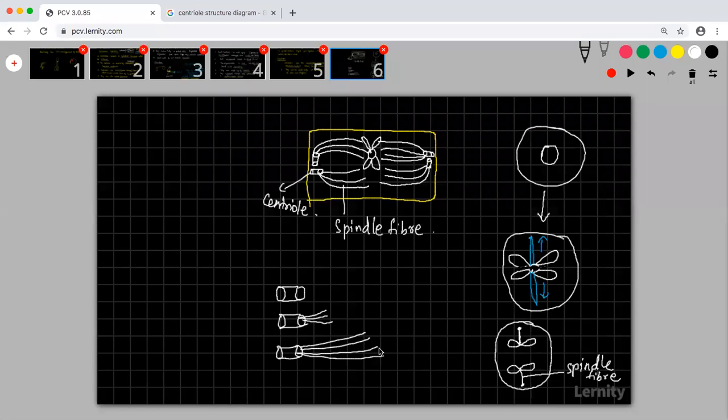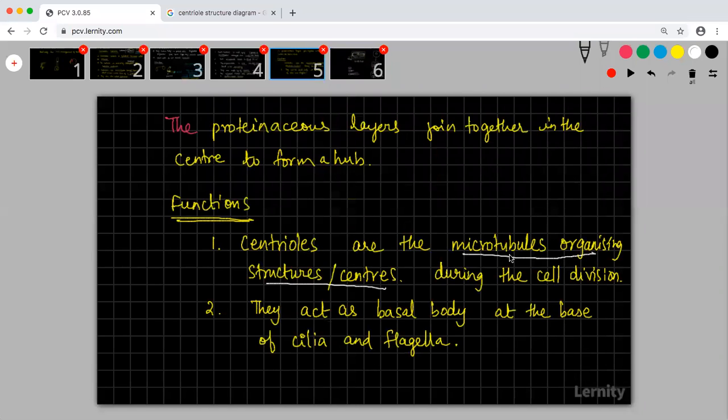In the same way, these spindle fibers are all organized inside the microtubule organizing center. Whenever you want, you take the microtubules out.